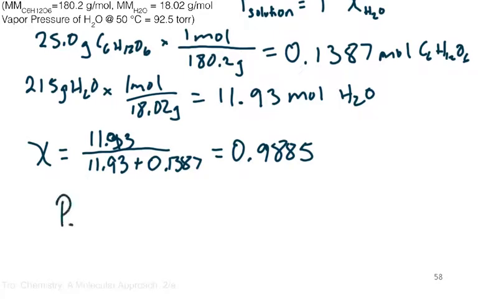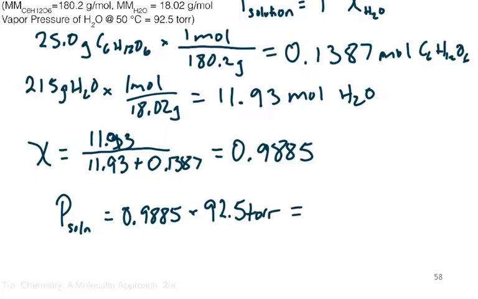So our pressure of our solution is going to be that 0.9885 times our normal vapor pressure, 92.5 torr, which gets us a vapor pressure of our solution of 91.4 torr.